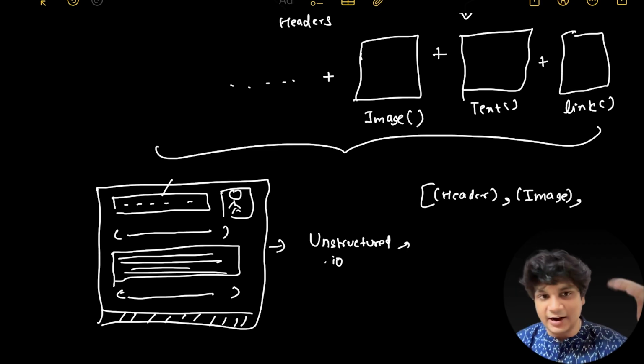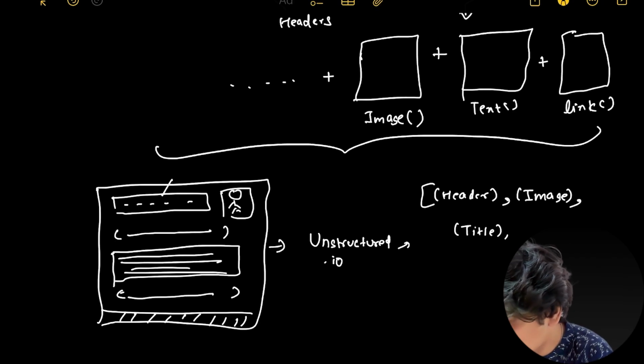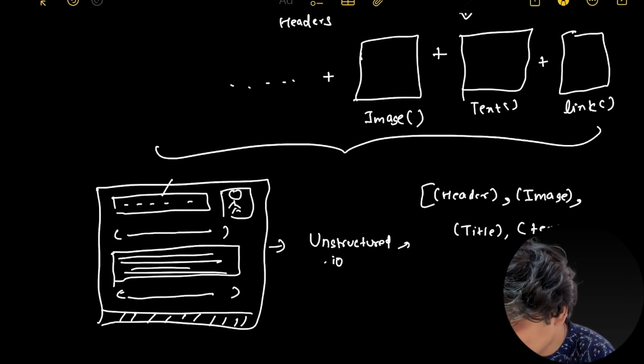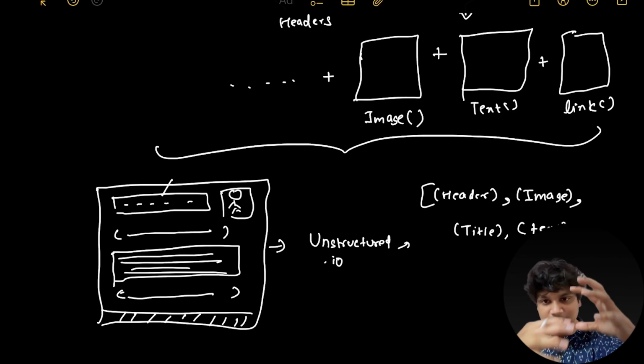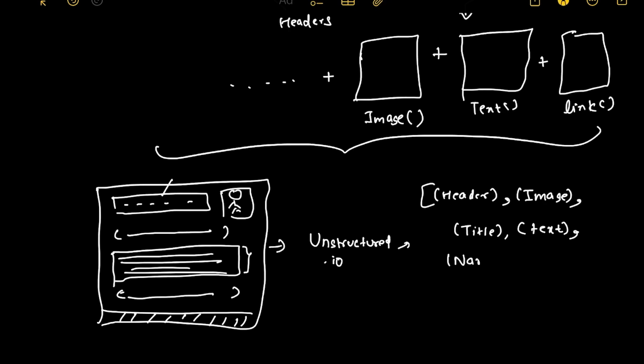Similarly, after the image we have a title, so it is going to write it as a title. Similarly, some paragraph or narrative text is there, some narration in paragraph format, so it will write it as narrative text. In this way it is going to convert these things into elements. We call these elements, or a list of objects.